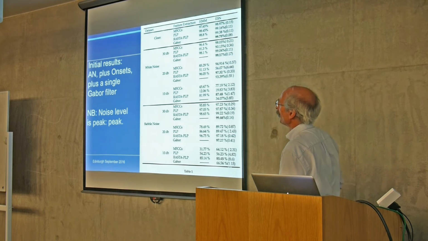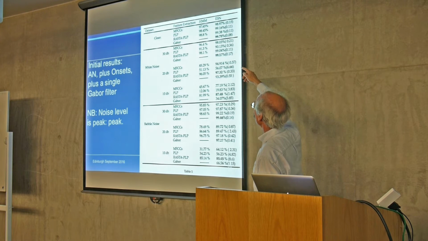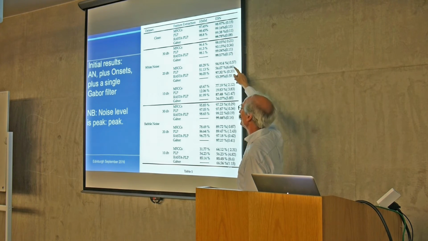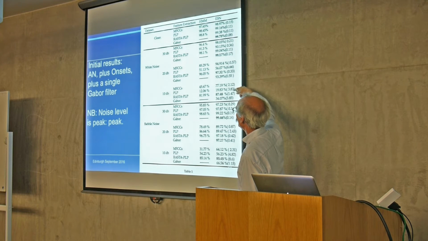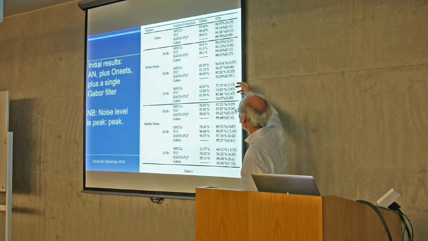With clean data, everything works fine. With white noise data at 30 decibels signal to noise ratio, it still works quite well. But as you reduce the signal to noise ratio, then things, as you would expect, start to work less well. Now, Gabor doesn't work terribly well here. It works quite well at 20 decibels, but not very well otherwise.